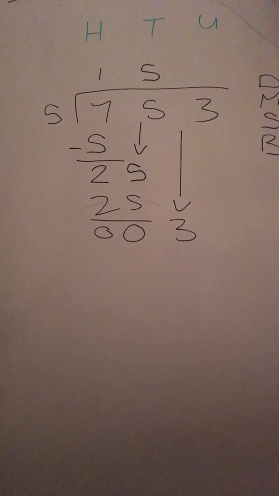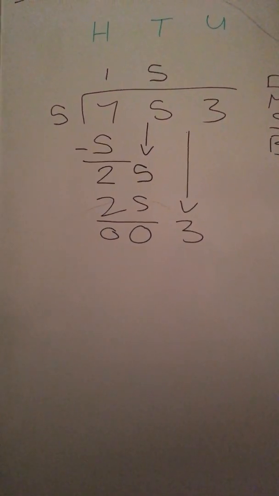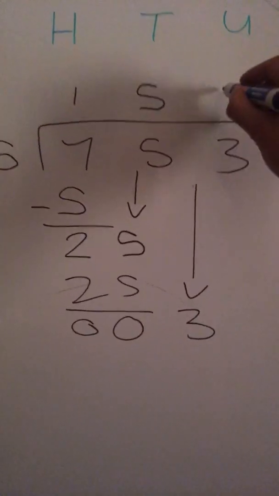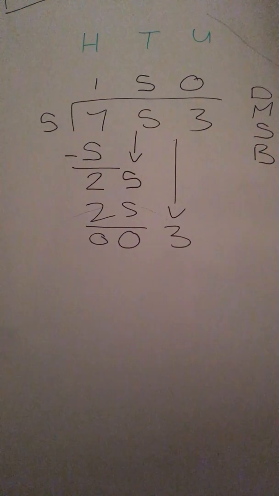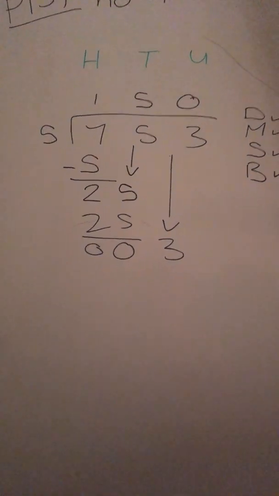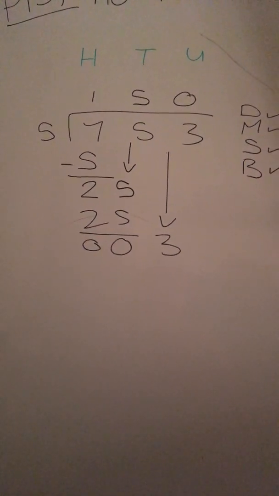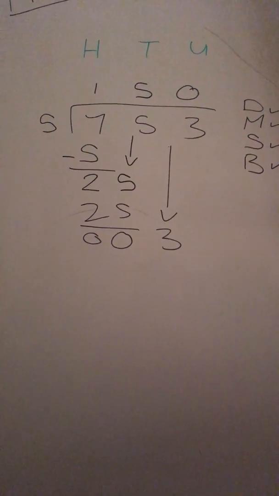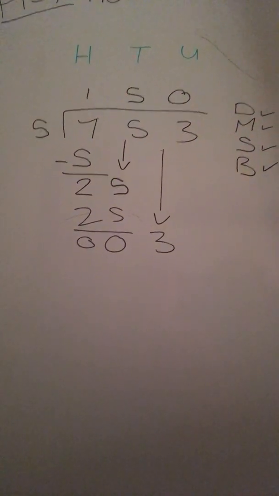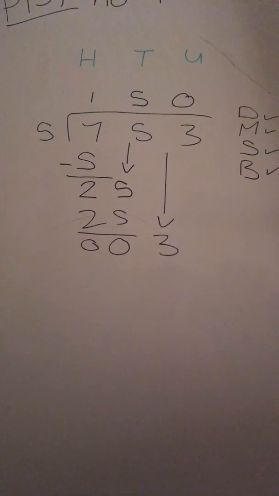5 goes into 3. 5 can't go into 3. So we put a 0 there. Because remember, a 0 is a very important number. It's a placeholder. So if 5 can't go into 3, it doesn't mean that the answer is all of a sudden 15. Because we're dividing 753 by 5, the answer can't be 15. That's impossible.